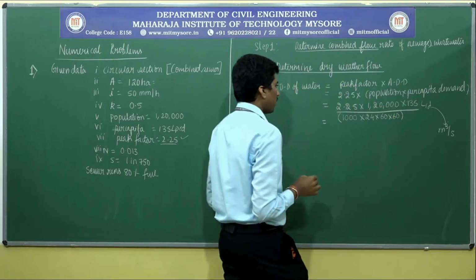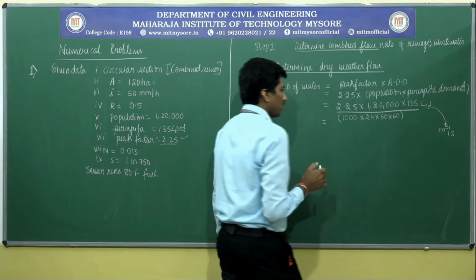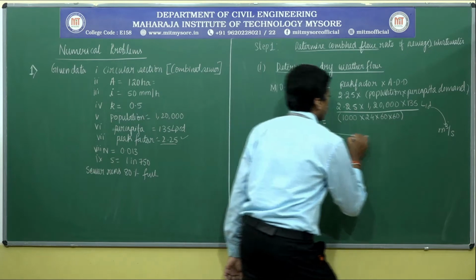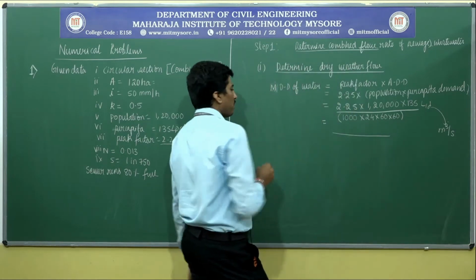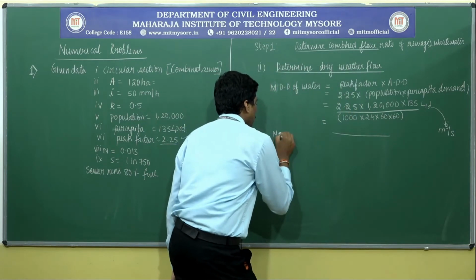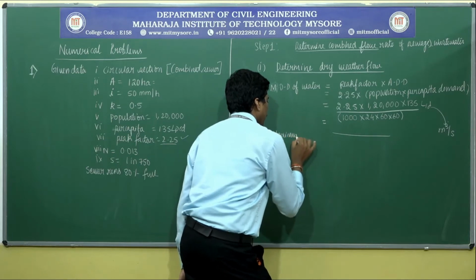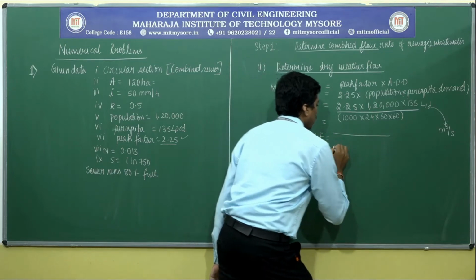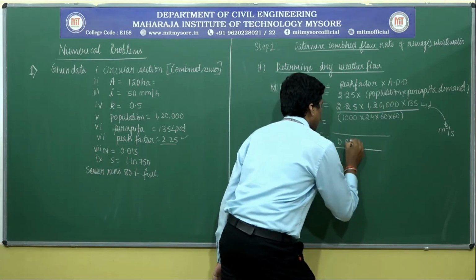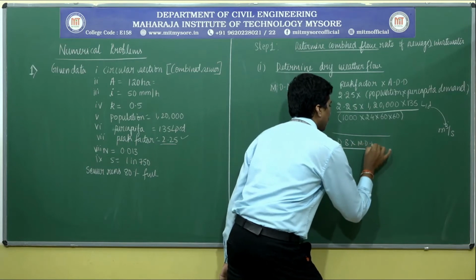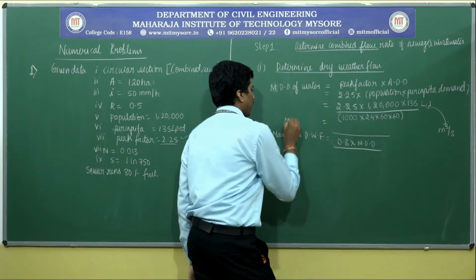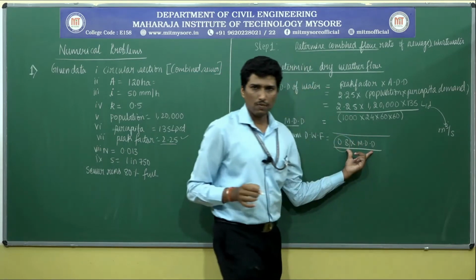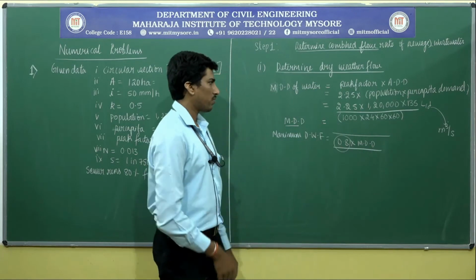If you multiply this answer by 0.8, you get the maximum dry weather flow, that is 0.8 times the maximum daily demand, because 80% of the water is converted into wastewater.